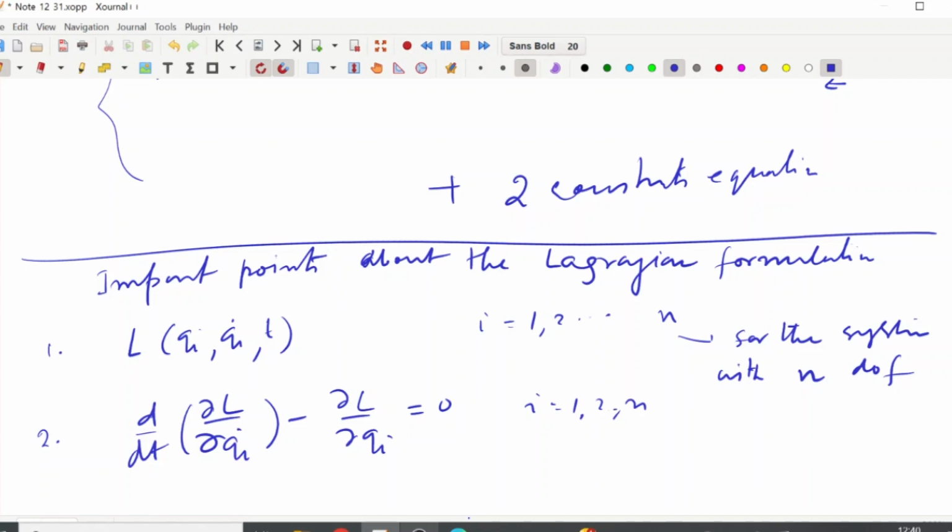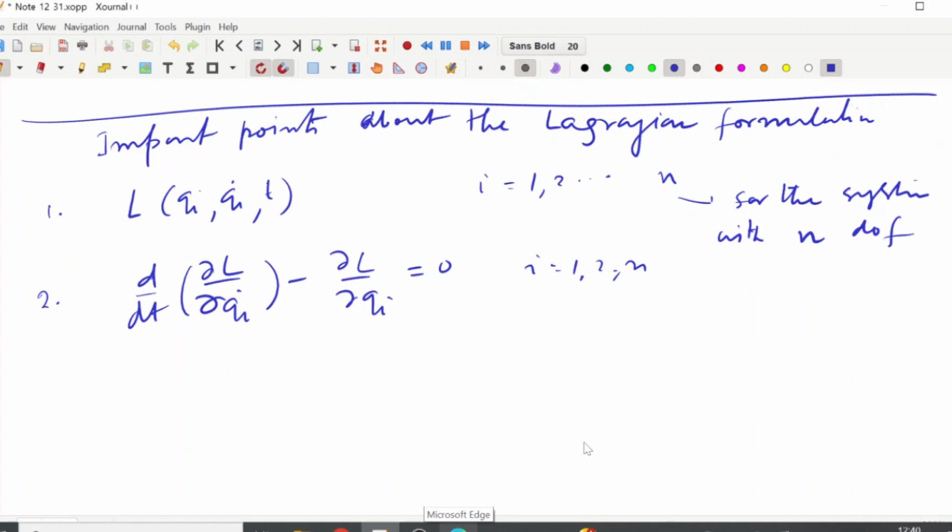So, if you have a system of n degrees of freedom, then you will have n number of second order differential equations.